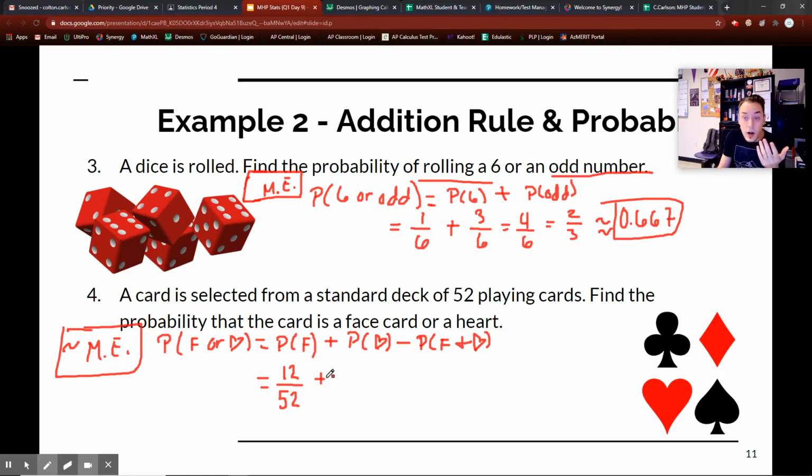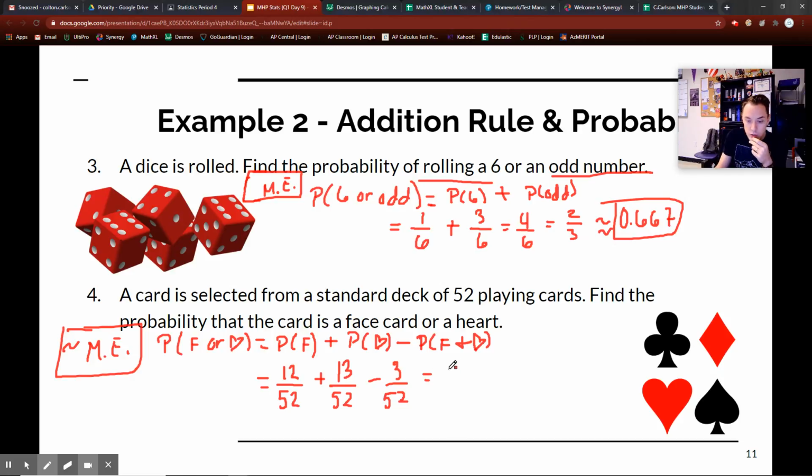How many are hearts? You have actually 13, including the ace, 13 cards that are hearts. Subtract those that are face cards and a heart. Well, again, you have 3, Jack, Queen, and King, that are a face card and a heart. So that means you subtract 3 out of 52.